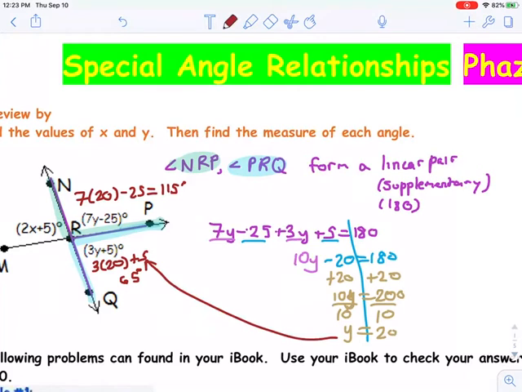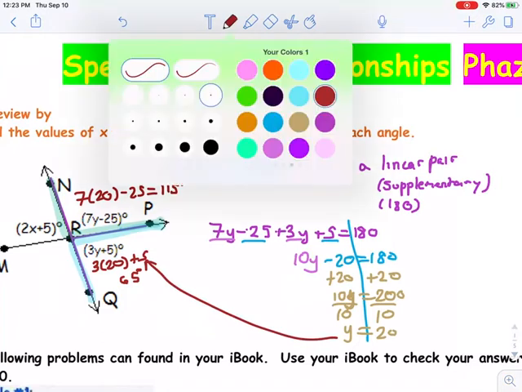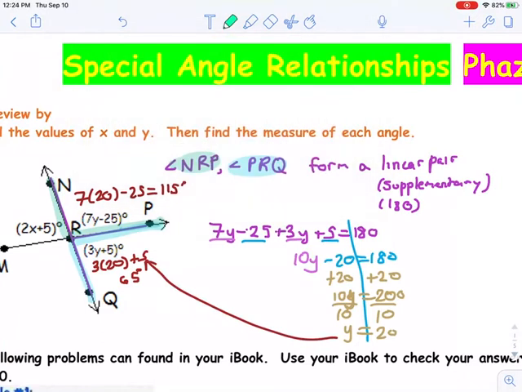I got 115, I got 65, and those add up to 180 degrees, which is supplementary, and linear pairs are supplementary. As we add to our tool belt, there's a couple ways I can solve for x. We have another linear pair here, so I can just add them. I know 115 is the right angle, so 2x plus 5 plus 115 equals 180. Cool, I can do that.